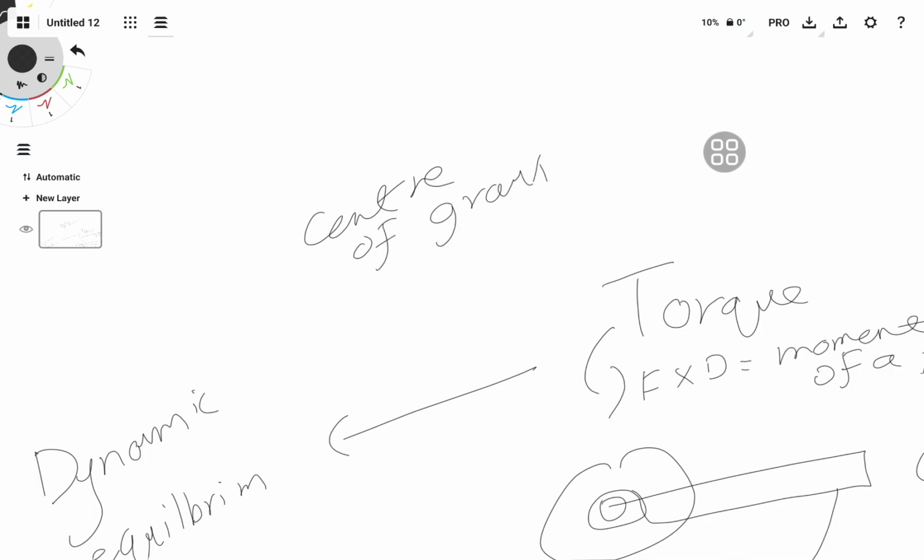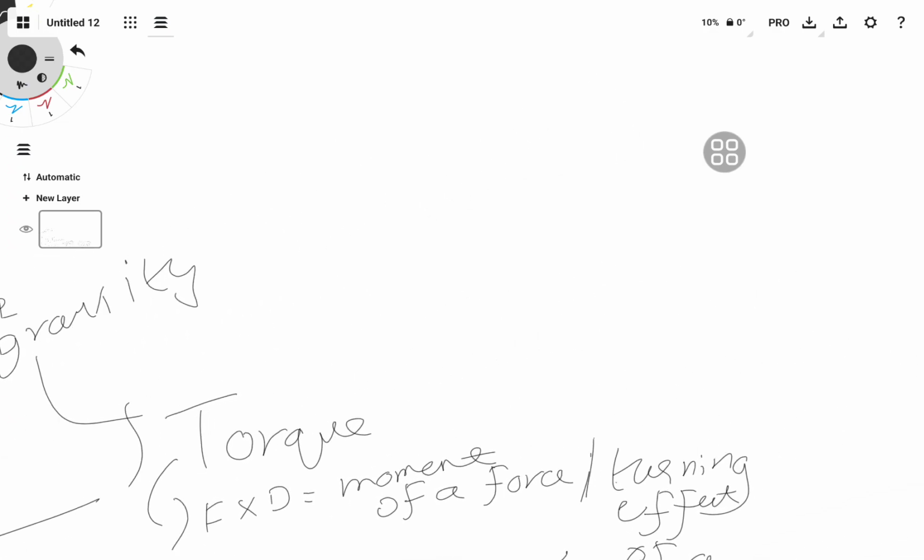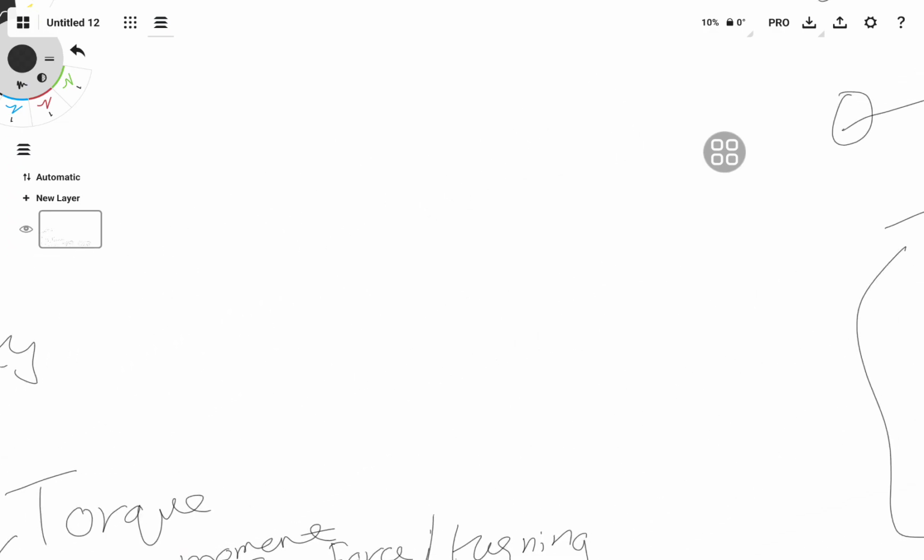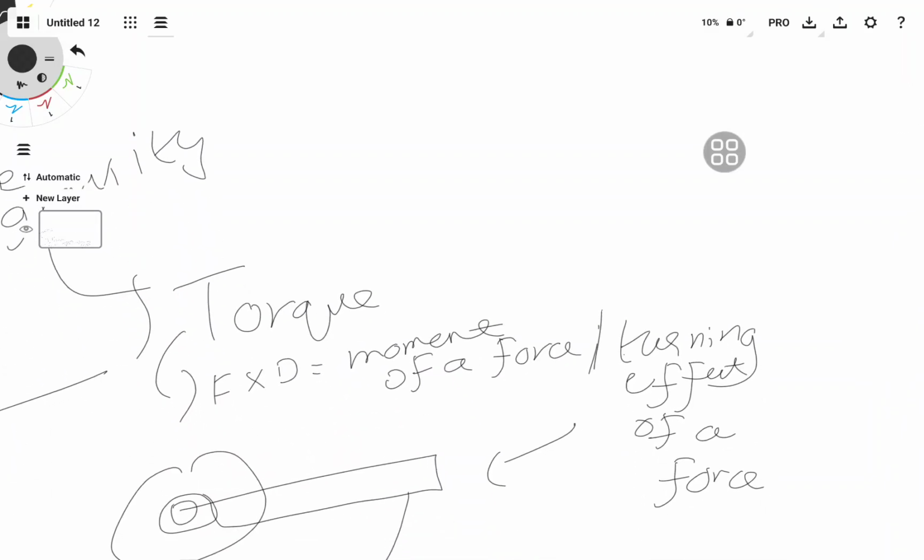This is related to all of this, because if we have a body with clockwise and anti-clockwise moments acting on it, the center of gravity may play a role in whether the body is in equilibrium or not.